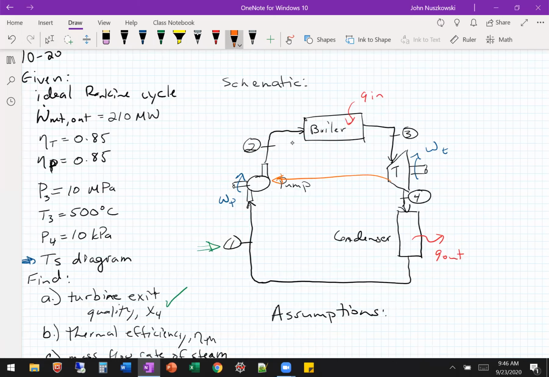So what's actually going to be the net that leaves to go, say, to a generator is going to be turbine minus the pump work. I'm just saying that because I know people will just focus in on the turbine and then forget about the pump. Okay, but net tells us we're looking at everything from work, right? Okay.